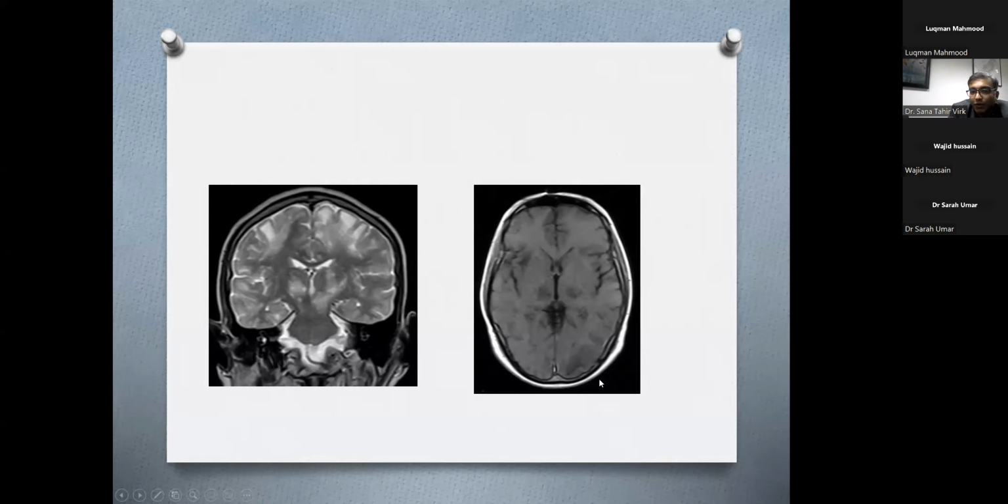These lesions do not show any enhancement. What is important to note here is that this patient is not showing any signs of edema or mass effect or any midline shift, which is a typical radiological finding of this entity.